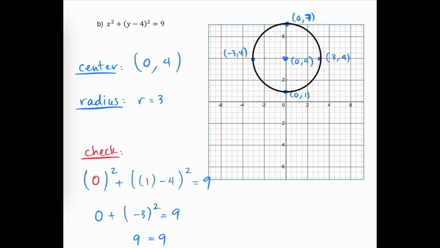Remember, the definition of a circle was the collection of ordered pairs that are a fixed distance away from the center, and that fixed distance is the radius. So this center point is not 3 units away from the center, it's not a point on the outside of the circle, and it would not be an ordered pair solution to the circle's equation if we were to plug it back in to check.